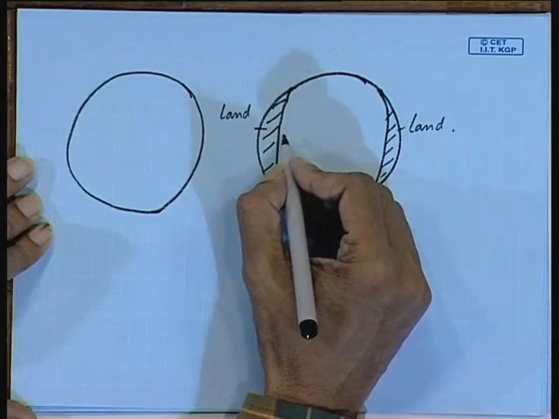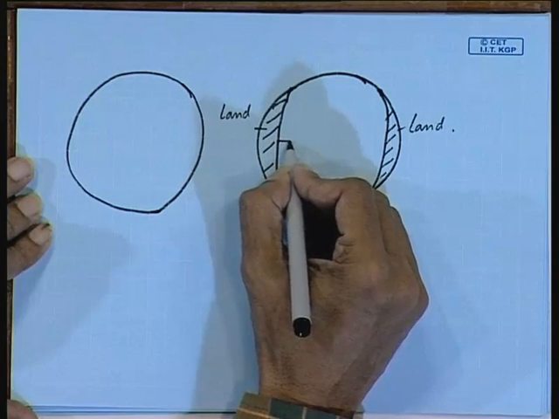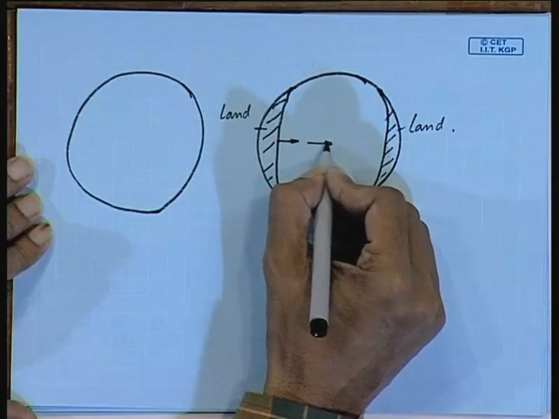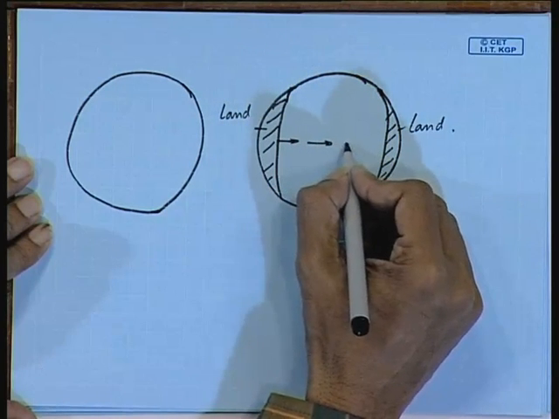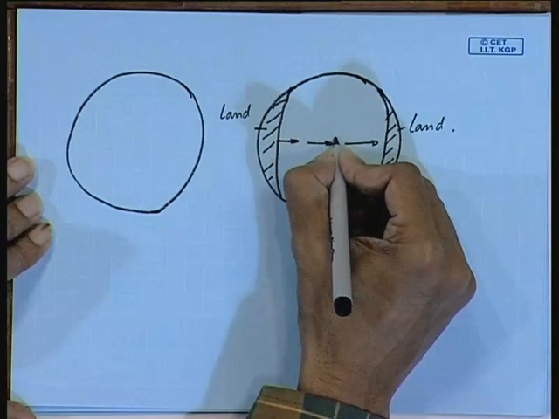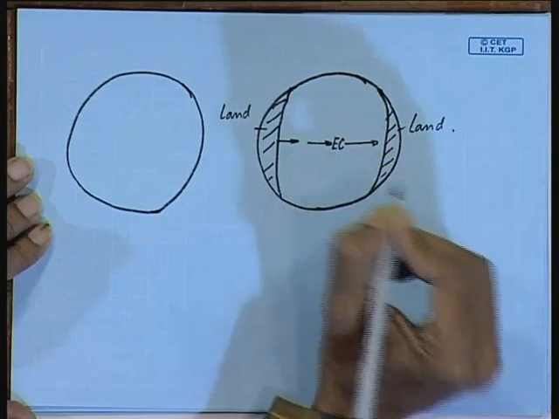Now, you have a current at this region. So, this is called EC or equatorial counter current.